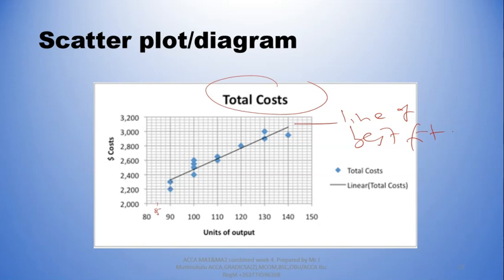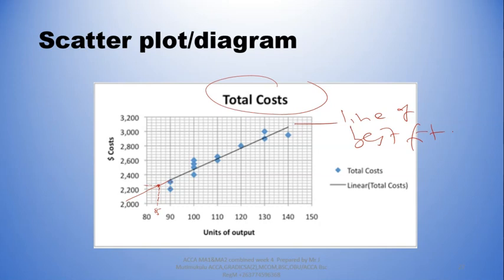So we continue. You extend this line of best fit say up to here. And then you just have to go up to that line where it reaches that. You then have to turn to the vertical axis, and you get the total.